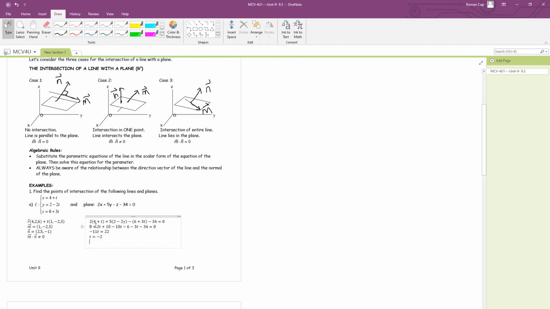We're going to actually sub it back into the equation of the line, and then that'll give us the point of intersection. So I'm going to just write a note here. Sub t is equal to negative 2 back into the equation of the line.